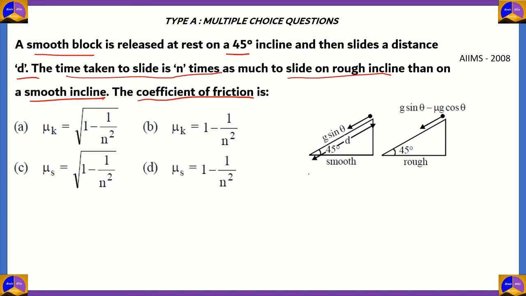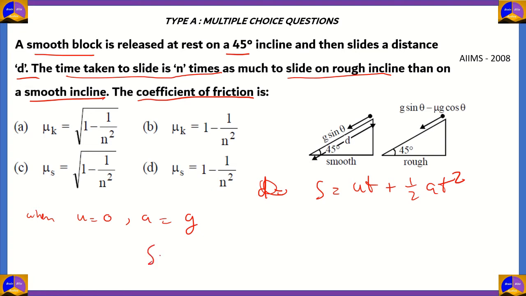What you can see is that d or s can be written as ut plus half at squared. This is the second equation of motion. So when we consider u as equal to 0, a as equal to g, then s is equal to half gt squared.